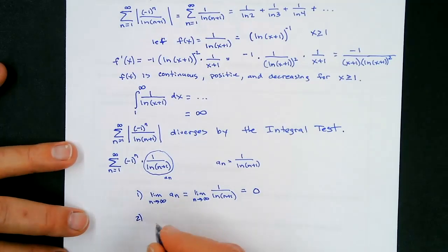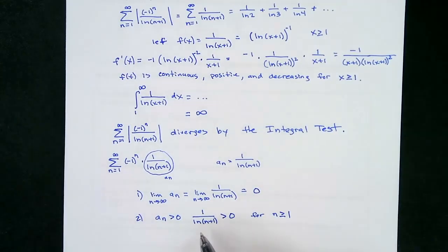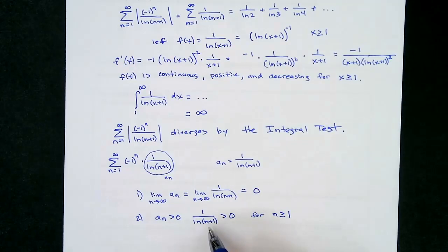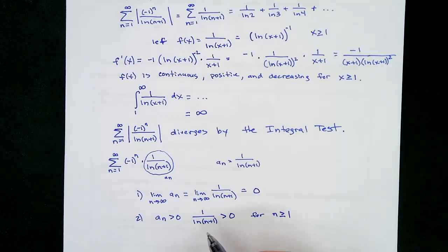So we now have a sub n greater than 0, which means 1 over ln of n plus 1 has to be greater than 0, for n greater than or equal to 1, because we're taking the natural log of 2, 3, 4, 5. Those are all going to be positive values down here.